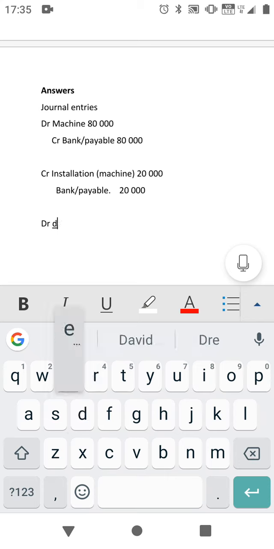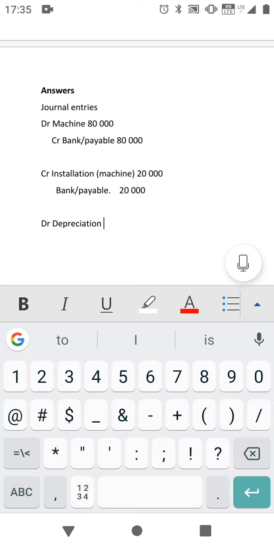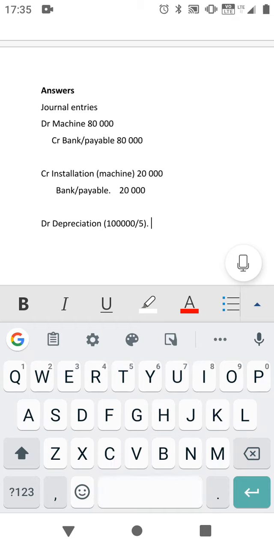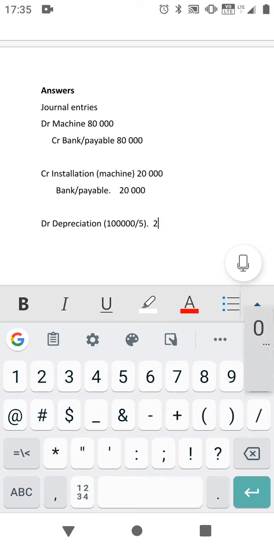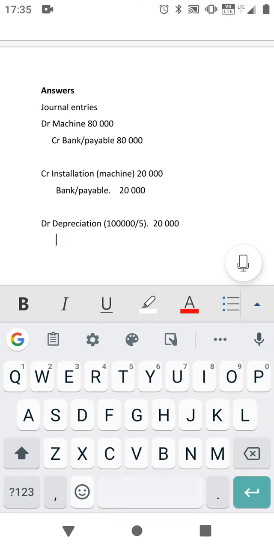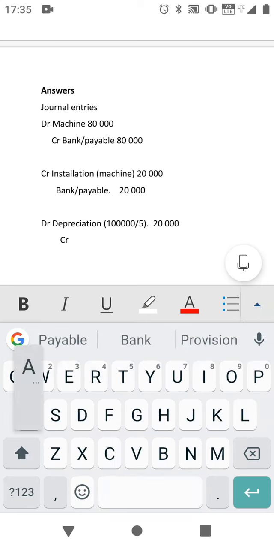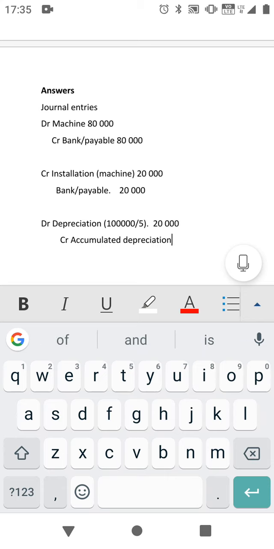We debit depreciation, then we show the calculation, 100,000 divided by 5, then we're gonna get amount of 20,000. Then we credit it with accumulated depreciation.